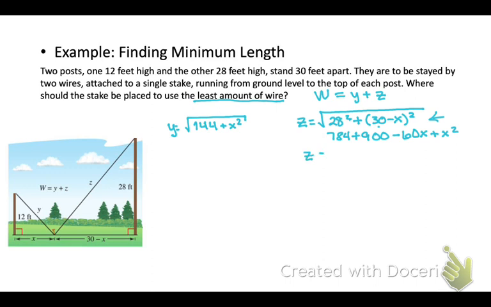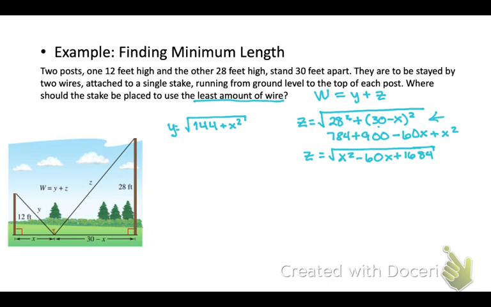So Z is going to equal the square root of x squared minus 60x plus 1684. Right?